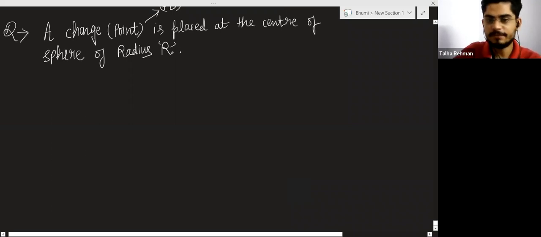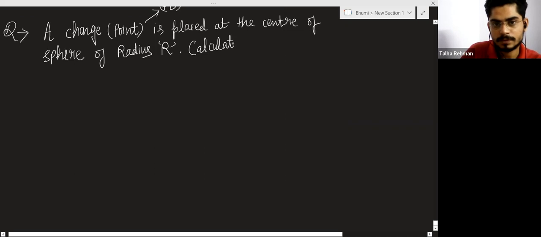We want to find the flux through the surface of the sphere. Calculate flux. Flux means electric flux. Calculate flux through the sphere.